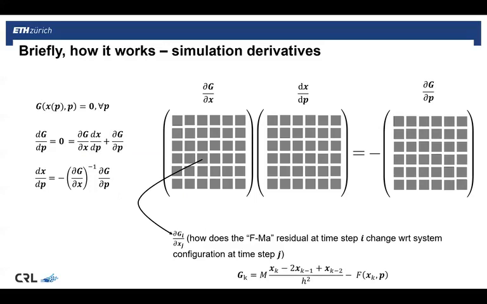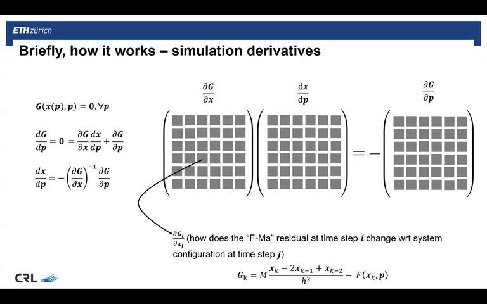And now for backwards Euler, basically the simplest implicit time stepping scheme, we can write down the force residual, or the f minus ma residual, for this particular moment in time with a discretized acceleration term.